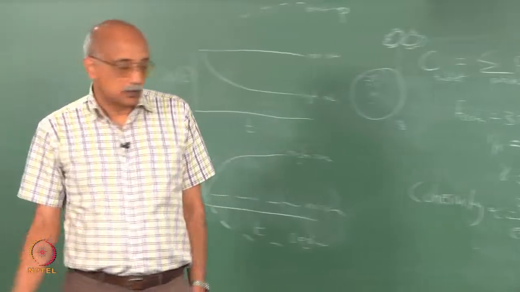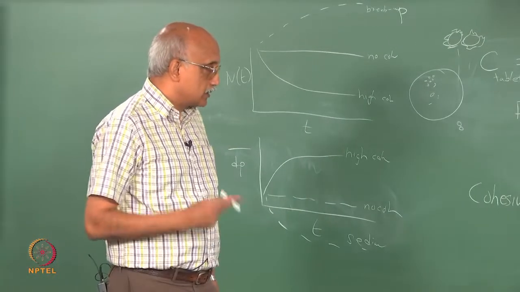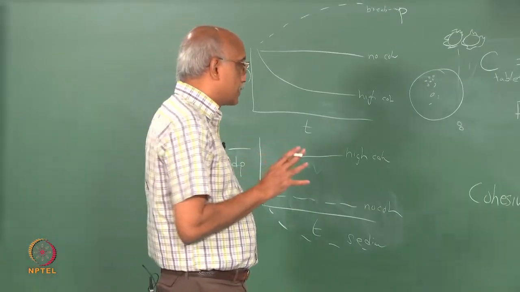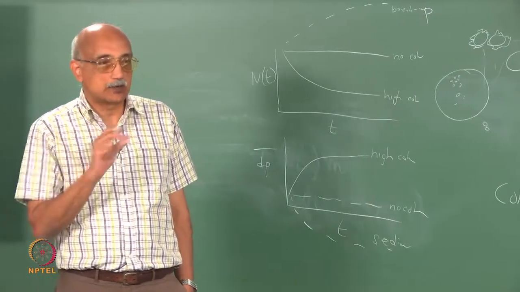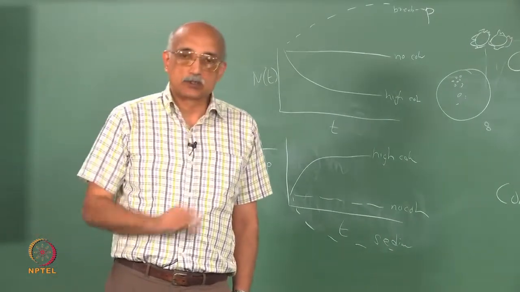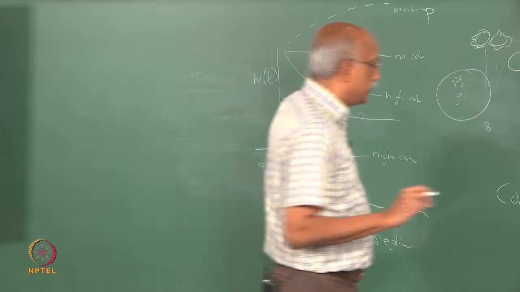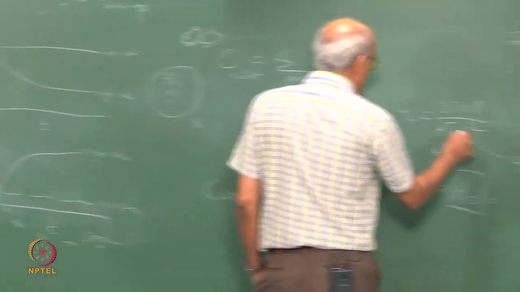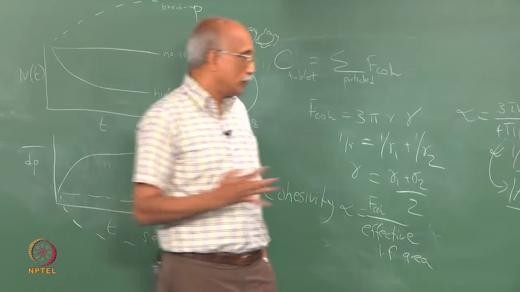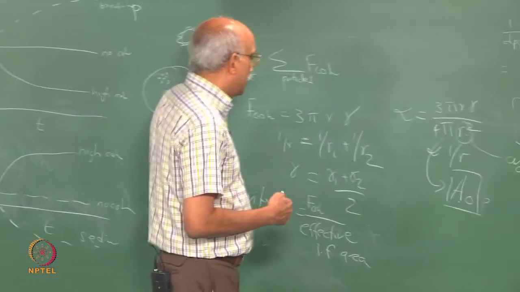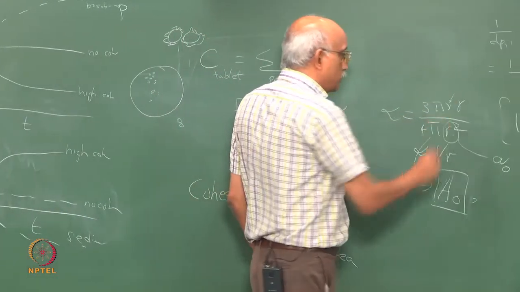In general, you would expect that the A0 value would be smaller than r, because now you have discrete points of contact rather than a continuous surface of contact, and similarly you would expect that this capital A0 would be smaller than the 4 pi r squared, but that is also going to affect this value r, right.